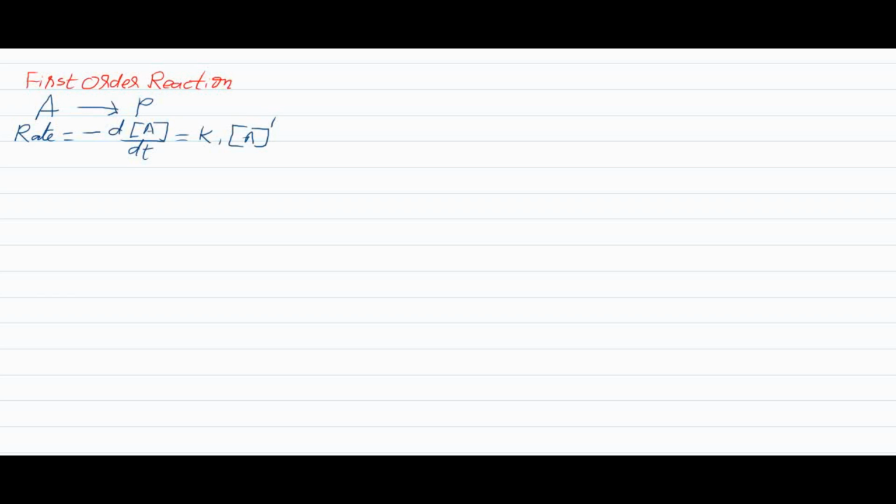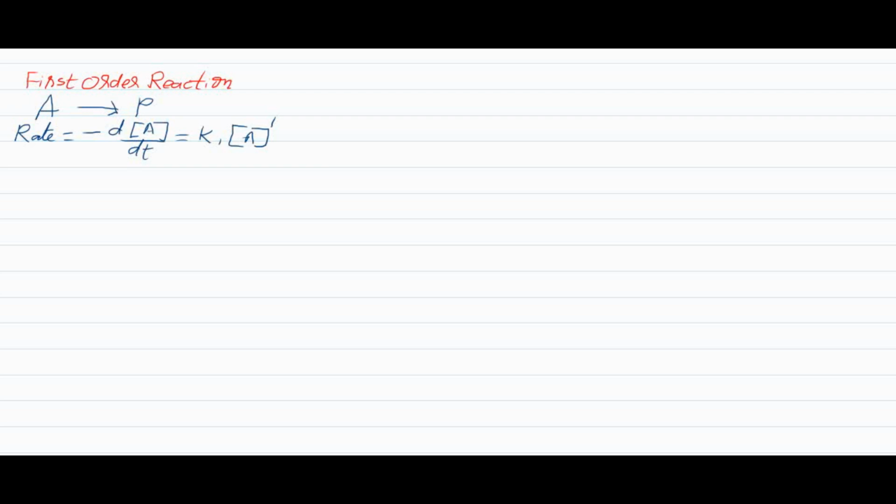So here the rate equals minus dA by dt equals K1 A power 1. So this is the first order reaction. The K1 is the rate constant, the first order rate constant.